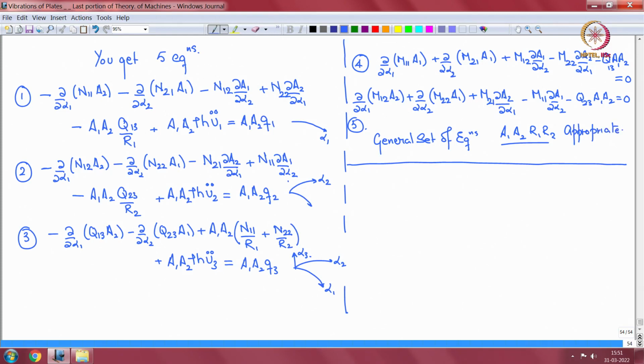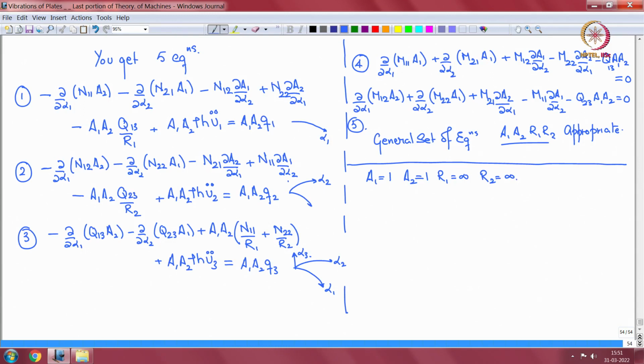So if you substitute A1 is equal to 1, A2 is equal to 1, R1 is equal to infinity and R2 is equal to infinity, I'm sorry, big mistake.